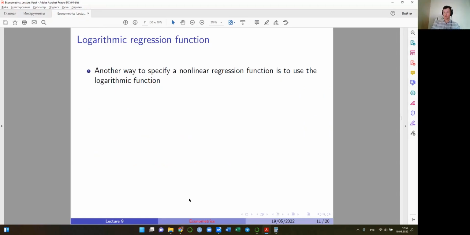Now we move to the second function that is able to model these nonlinearities, and this is the logarithmic regression function. You will see logarithms in many different applications.